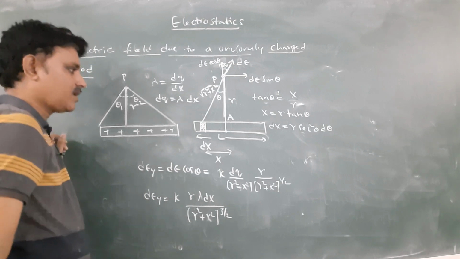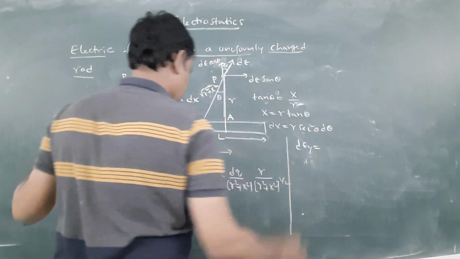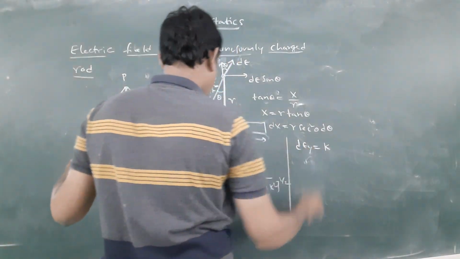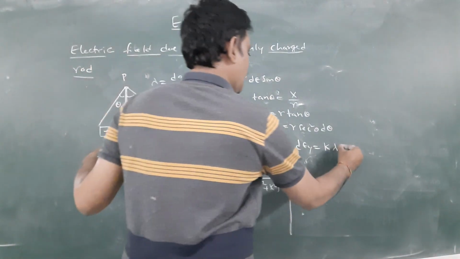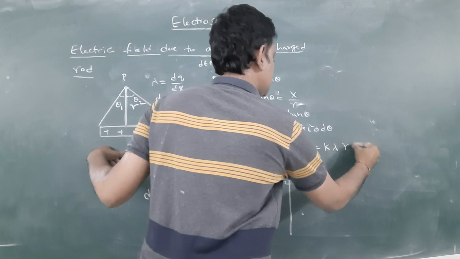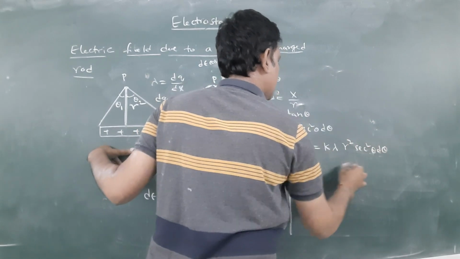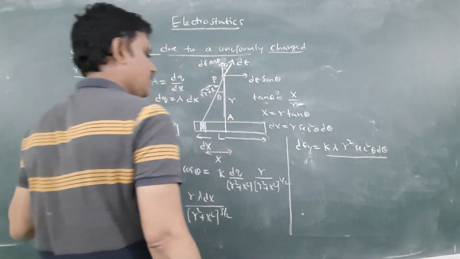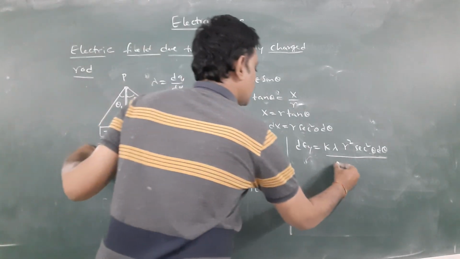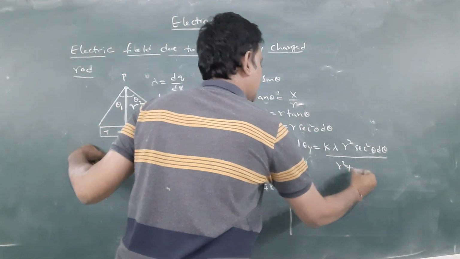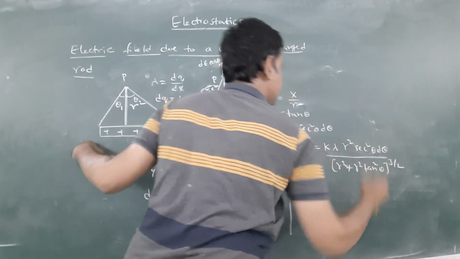If you substitute these two factors, then dEy is equal to k into lambda into r into dx. Dx is r secant square theta d theta, by r square plus x square, x is r tan theta, so r square plus r square tan square theta whole power 3 by 2.